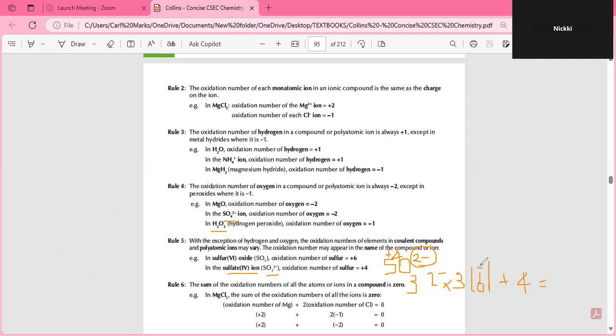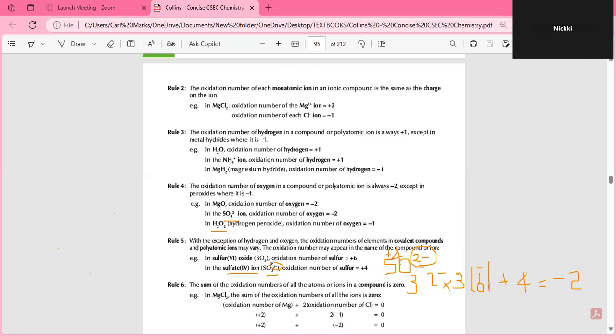If you add the -6 and the +4, how much would you be left with? -2. Good. And this is why we have the -2 here for that ion.